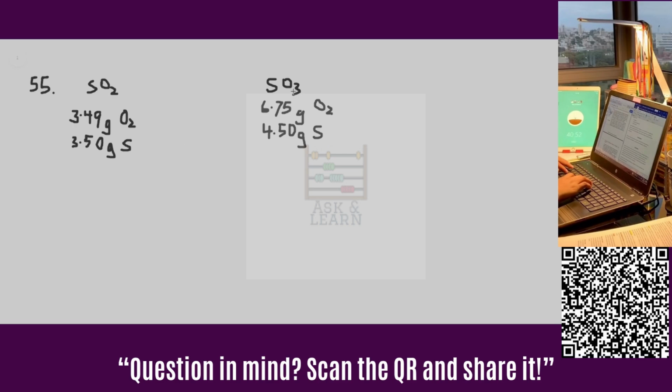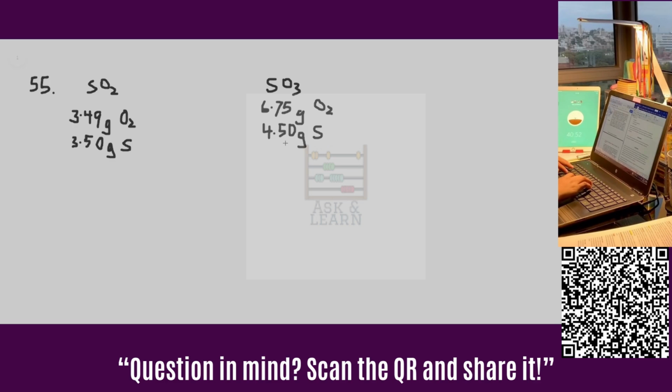And for the sulfur trioxide sample, we end up producing 6.75 grams of oxygen and 4.50 grams of sulfur. We calculate the mass of oxygen per gram of sulfur for each sample and show that these results are consistent with the law of multiple proportions.